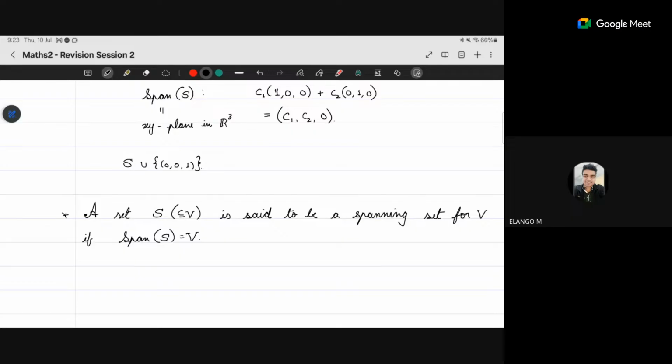So we want as few vectors in the spanning set as possible because we want to express every vector using as few vectors as possible.